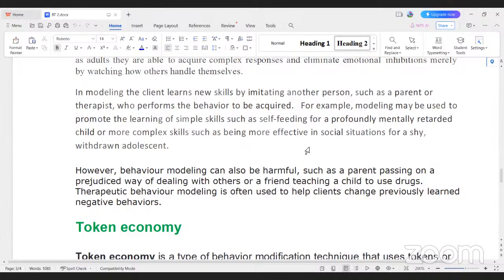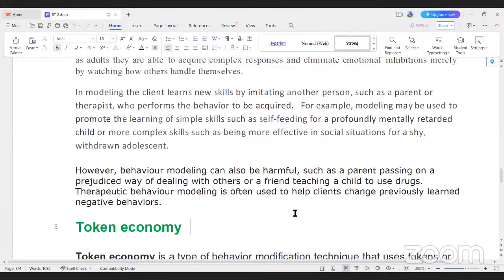However, behavior modeling can sometimes be harmful also. How? Such as a parent passing on a prejudiced way of dealing with others, or a friend teaching a child to use drugs.